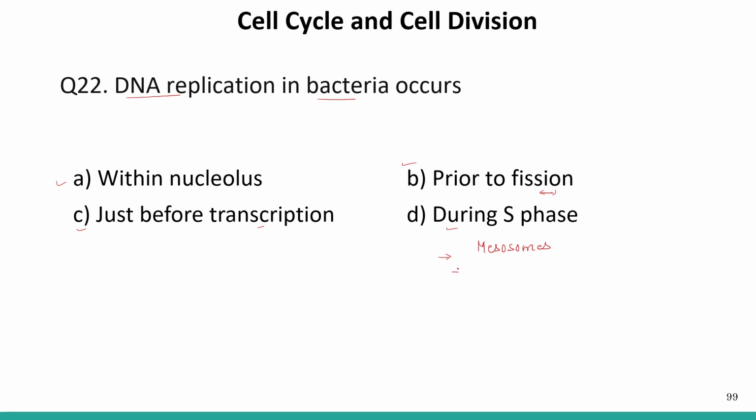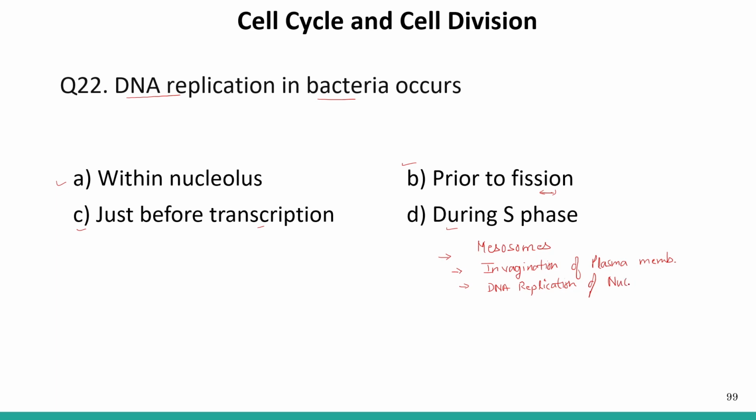Now what are mesosomes? Mesosomes are infolding or invagination of the plasma membrane, and they help in the replication of the nucleoid.